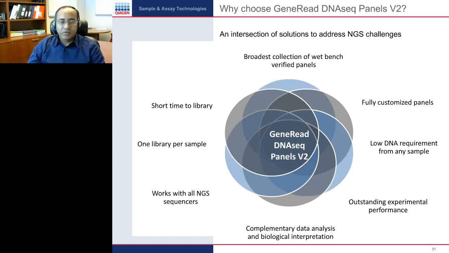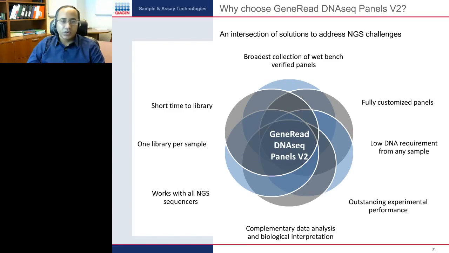So let's say your lab has a sequencer from Illumina as well as from Ion Torrent, you can still use one panel, which will work with both the different sequencers. It needs only one library per sample, which is different from other multiplex PCR-based target enrichment panels available in the market. And this becomes really important when you are processing multiple samples.